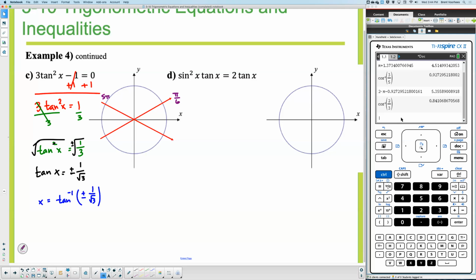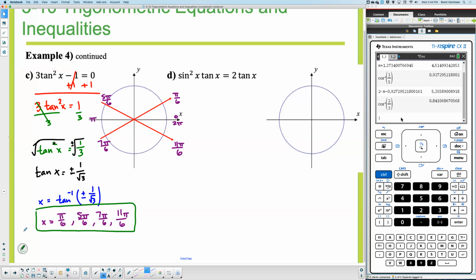A 5 pi over 6, because this is almost 1 pi. And finally, a little bit more than 1 pi would be 7 pi over 6. And this answer would leave us with 11 pi over 6. So those would be my answers on this problem: pi over 6, 5 pi over 6, 7 pi over 6, and finally 11 pi over 6. Those would be our answers for part C.